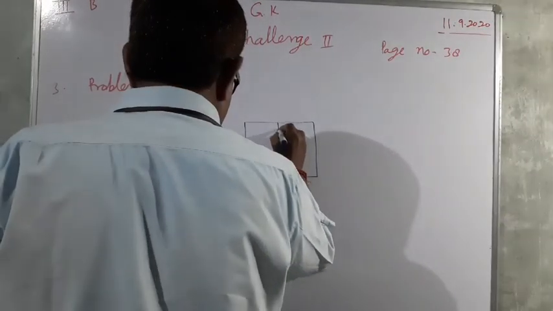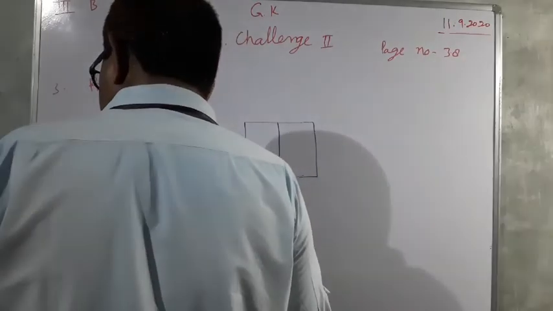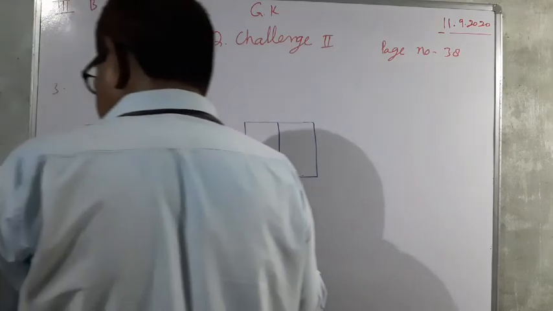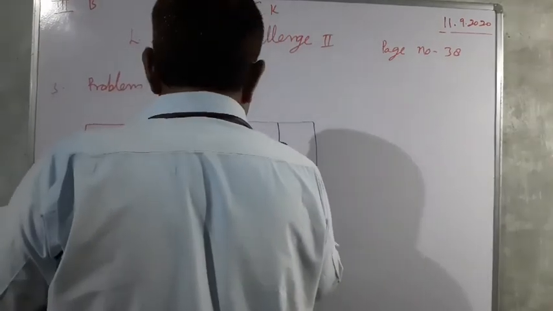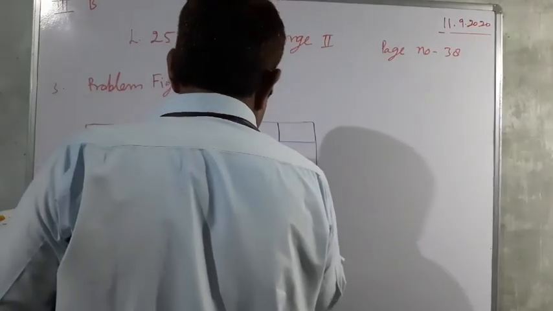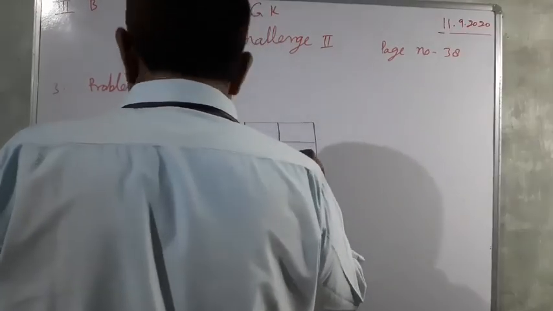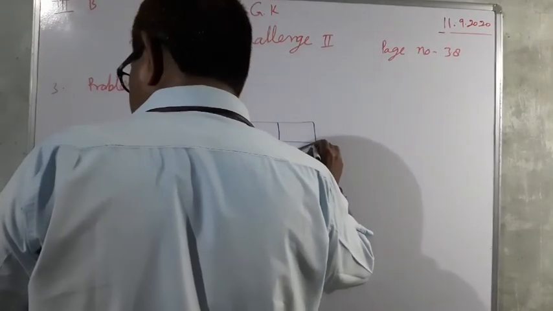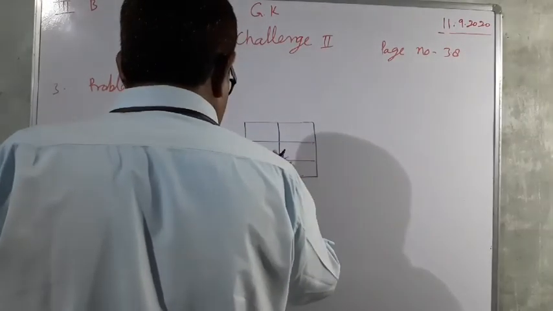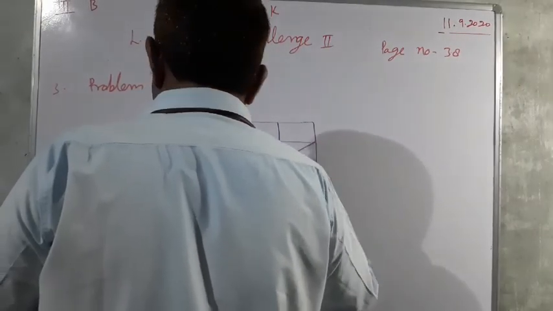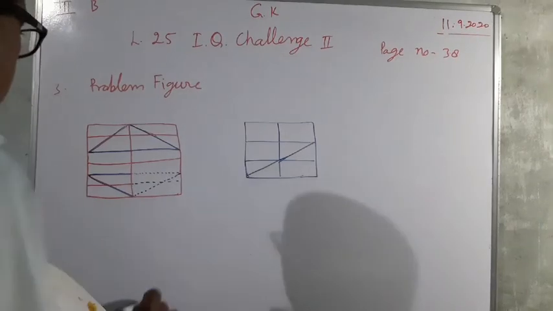So it is divided into 2 parts, and here one line is here and one line is here, and this line intersects here. This line comes from this region to this region.